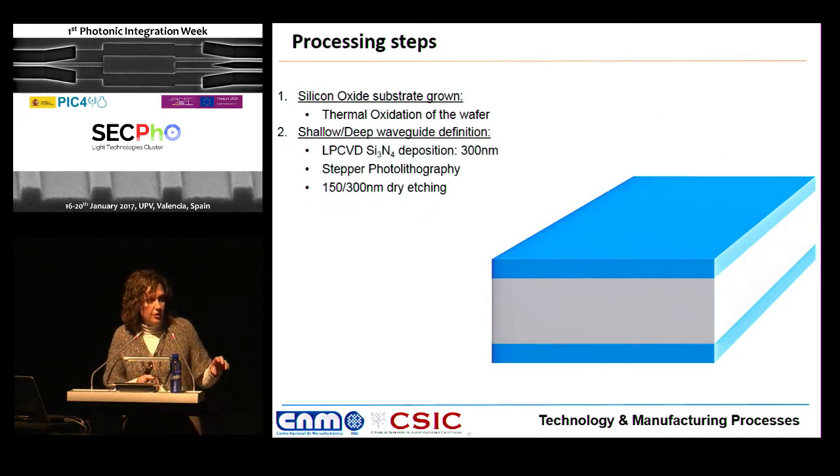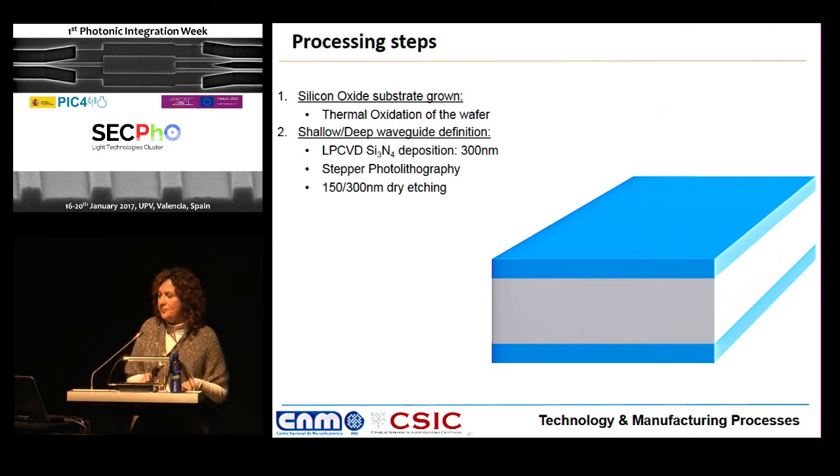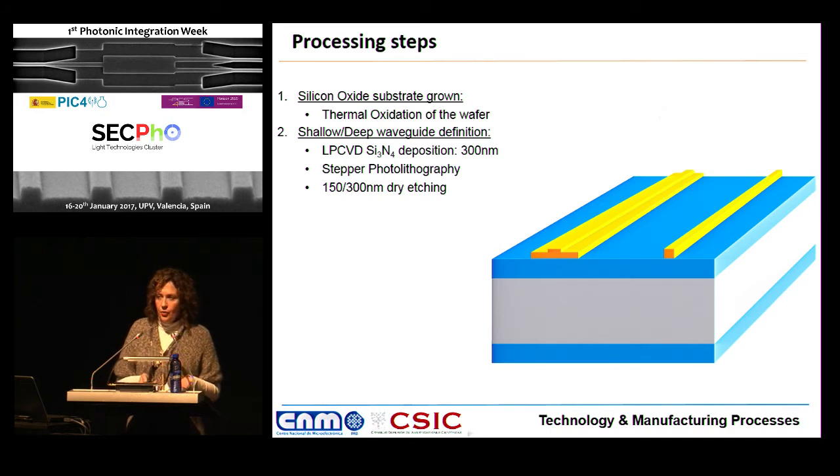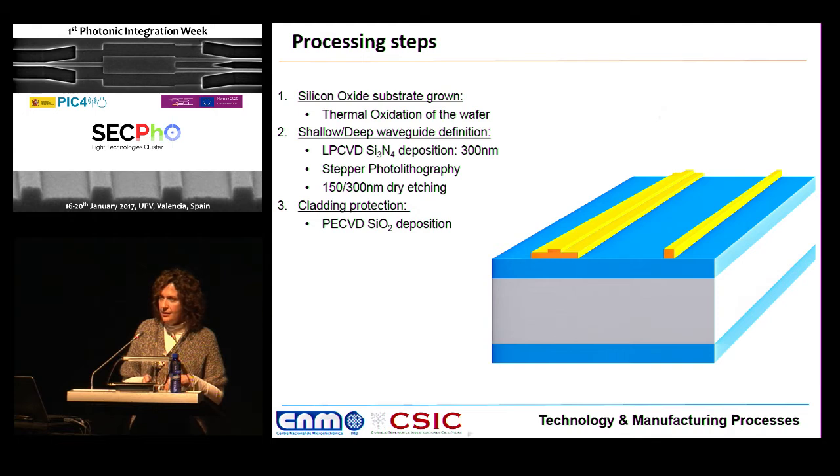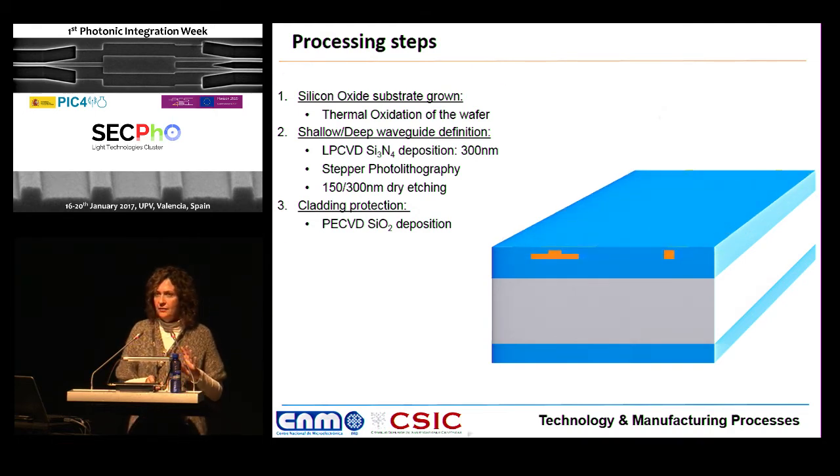We grow thermal oxide, which is the substrate for the waveguide, and we deposit LPCVD silicon nitride, which will be the waveguide, and then with 2 different photolithographies, we define the 2 different waveguides, the 150 and 300 nanometer waveguides. Once the guides have been defined, we cover and protect them with the cladding protection, which is a PECVD silicon oxide. And then we have what we call the basic structure.